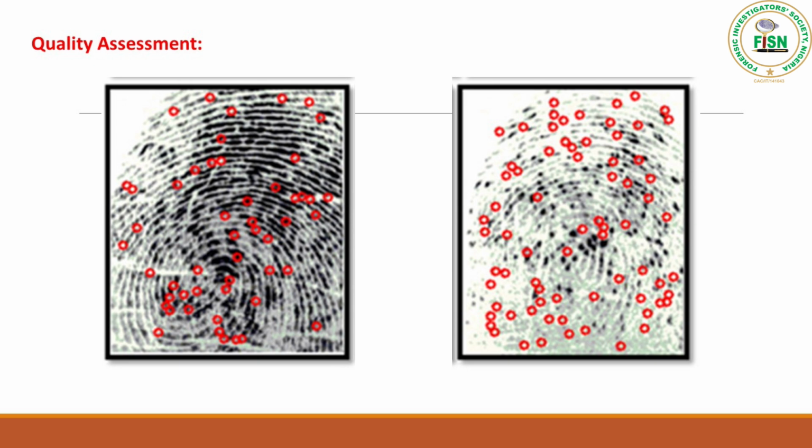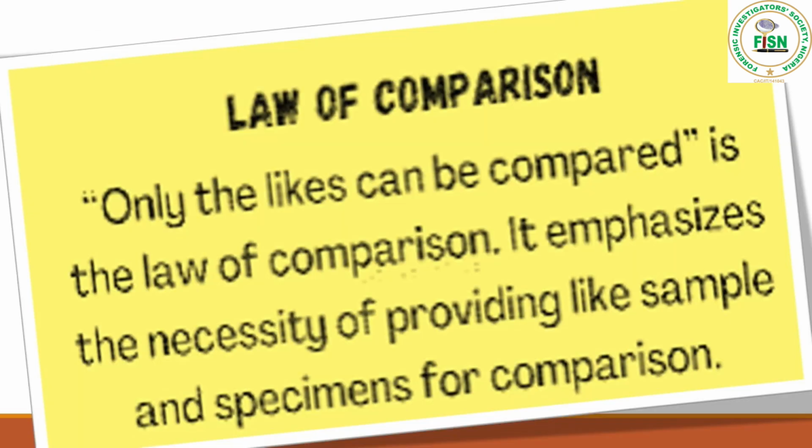When we want to match, we look at the distance of each feature to one another. The distance between these features matters a lot. But a distorted fingerprint will not have a representative distance, because it has been distorted.